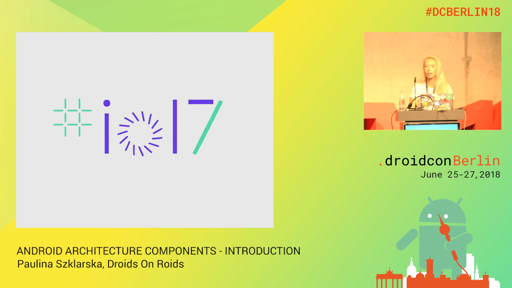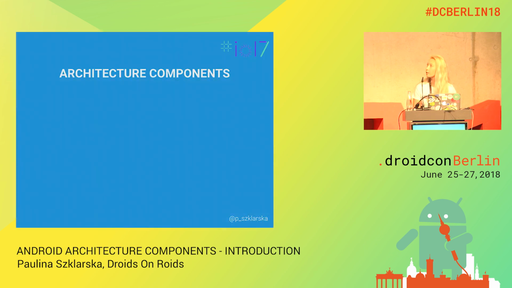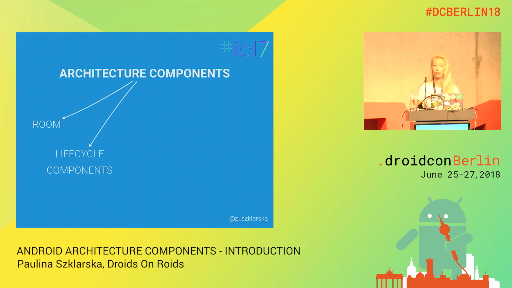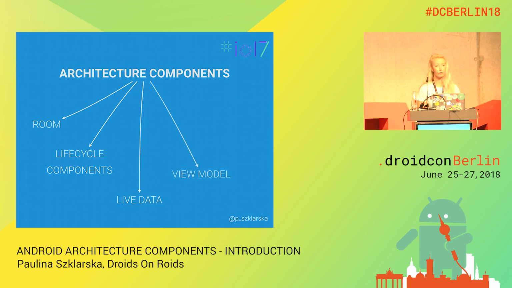At the Google I/O event in May 2017, a set of libraries called architecture components was announced. In this set there were smaller libraries like Room, a library for data persistence; lifecycle components for handling the lifecycle of UI; LiveData, which is a basic lifecycle aware data holder; a ViewModel for storing our data for an activity or fragment; and the paging library for pagination with RecyclerView.